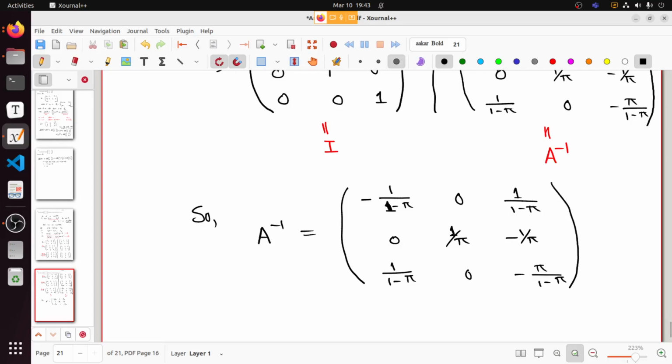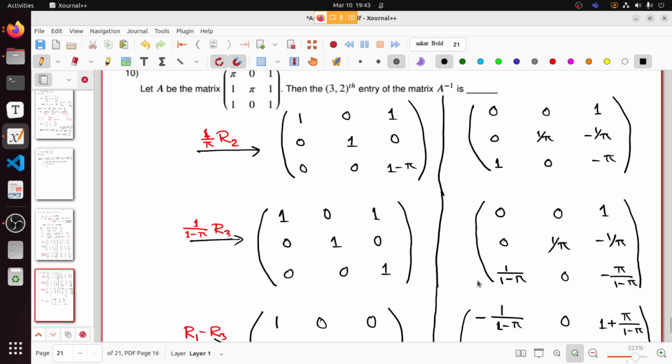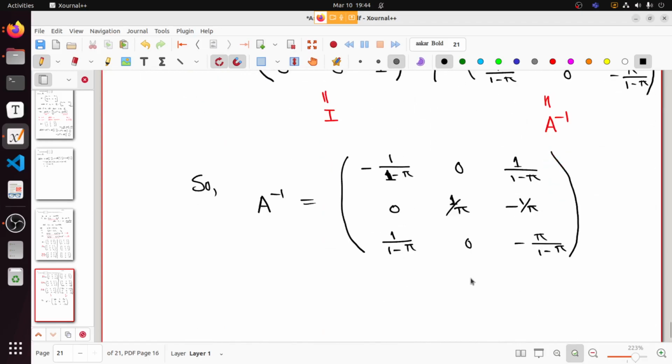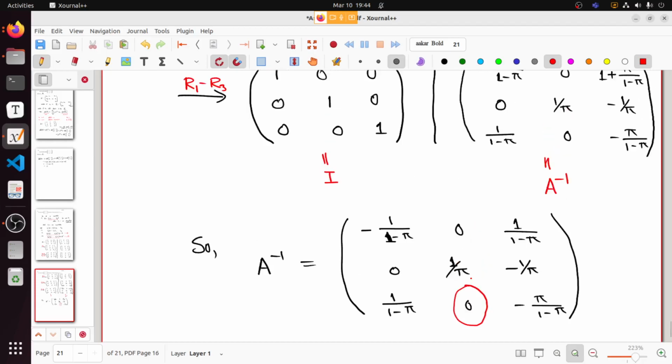So we have got the A inverse. Now let's see what we have to find. We have to find the 3-2th entry, the third row, second column. So this is the third row, second column. So the 3-2 entry is 0, right?